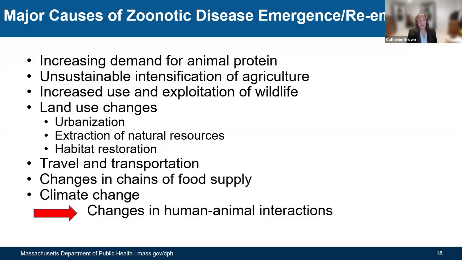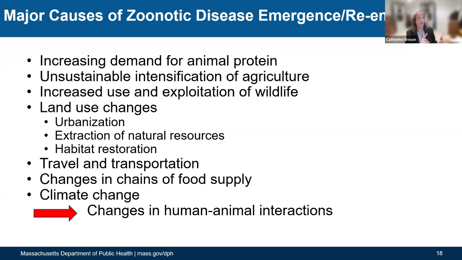The intensification of agriculture that's happened across the world in order to produce more food for the population is another major cause of zoonotic disease. The increased use and exploitation of wildlife is another cause.